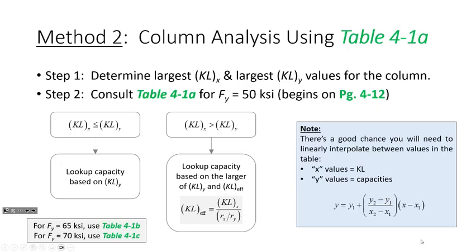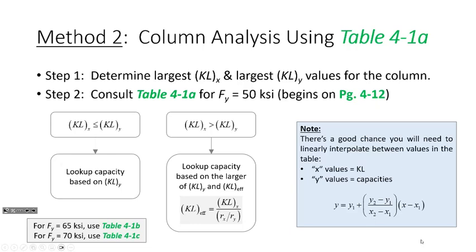The way that we use Table 4.1 is we look at a column and determine the largest KLx and the largest KLy. Then we go into the table with either KLy or KL effective, whichever is largest, and use those quantities to look up a capacity.